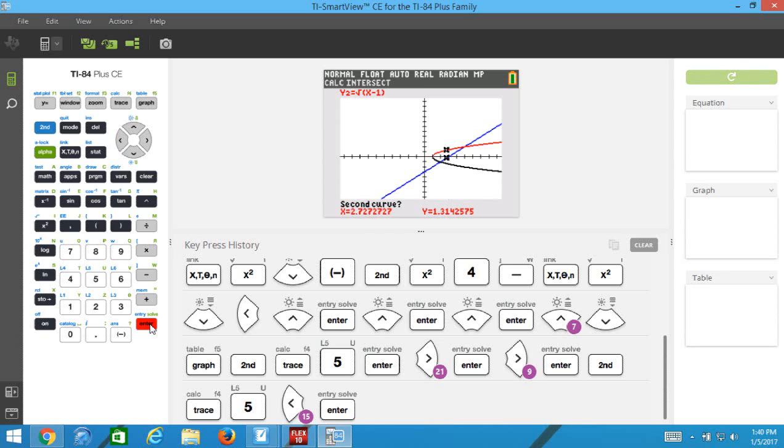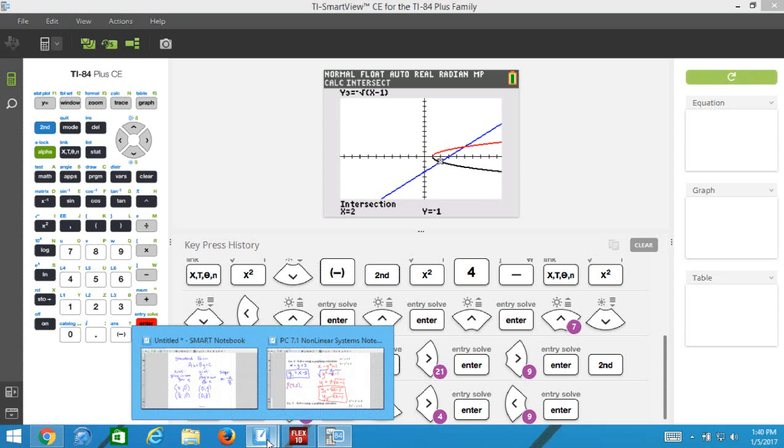How do I get to the other one? Down. So I'm now on the other one. And then guess, go close to it. And we should get 2, negative 1. If it didn't work for you, call me over so I can help you.